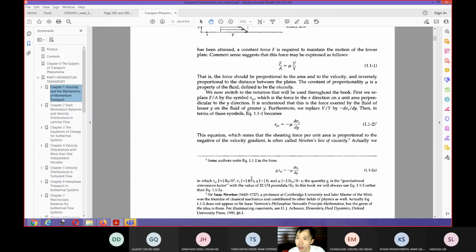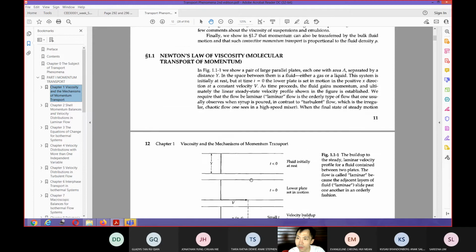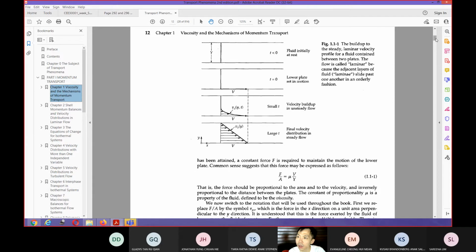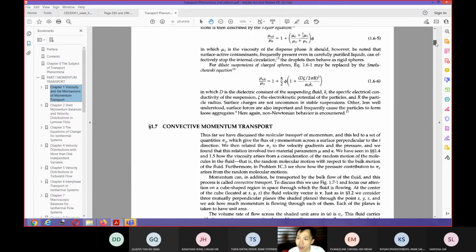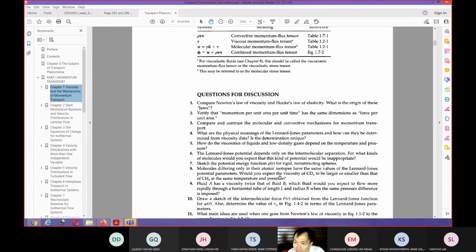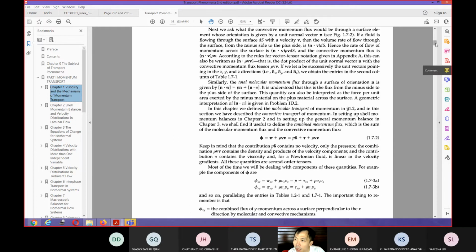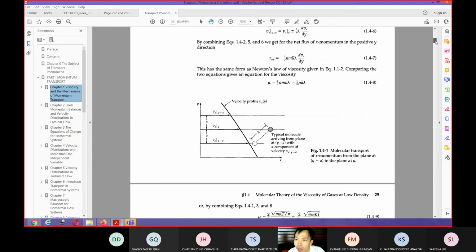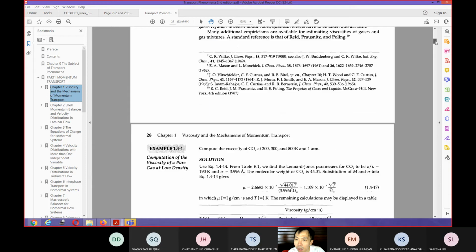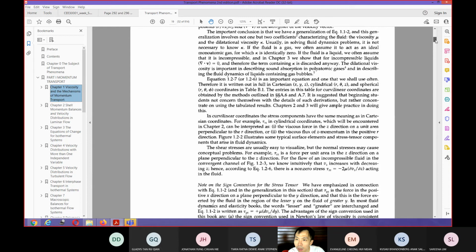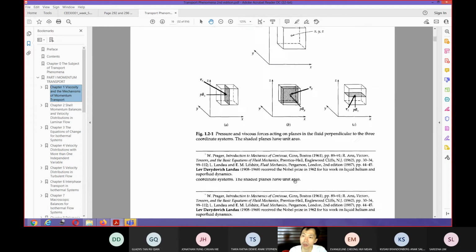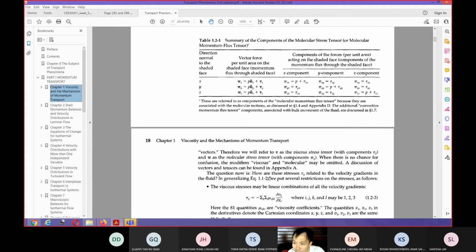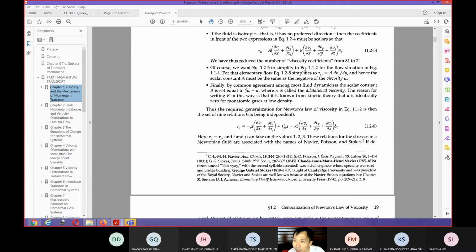Does it appear in here? The diff? No, I think it's somewhere in this chapter. Let me check that one. I think it's supposed to be somewhere in here, if not wrong. Okay, I think you can check it yourself.